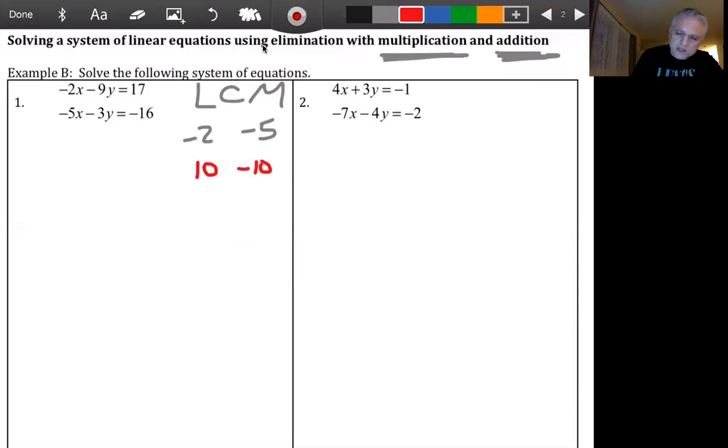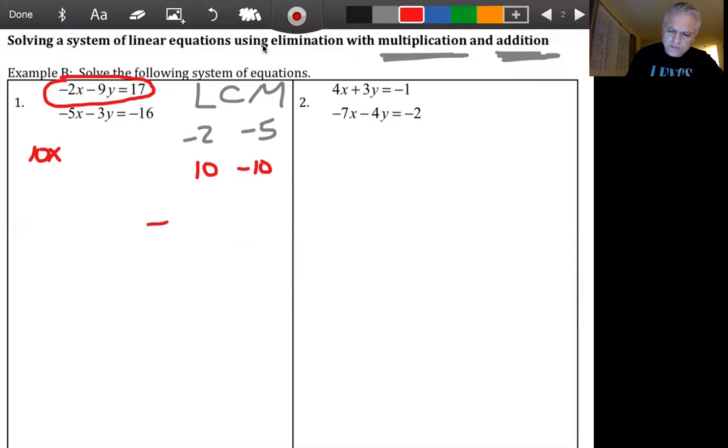So let's do that. I'm going to rewrite this first equation. I want the first term to be 10x. Well, it used to be -2x. Now it's 10x.